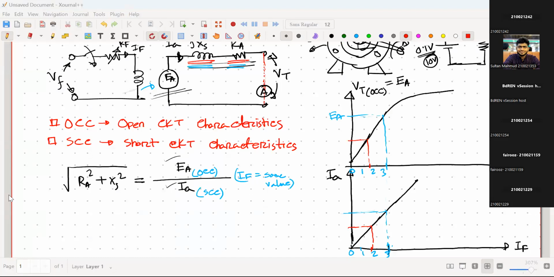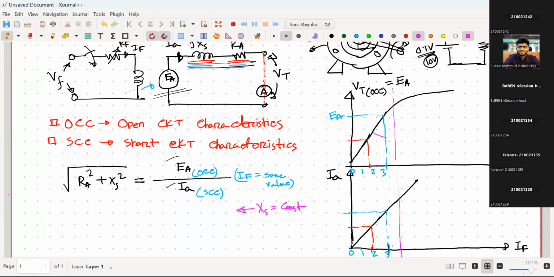Okay, suppose there are two parts. From here to here, this is linear. So if you measure the value of Xs from here to here, by taking any value, you will get Xs constant. Xs equal to constant. For which region?